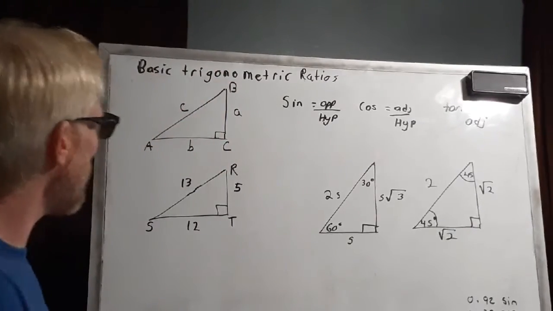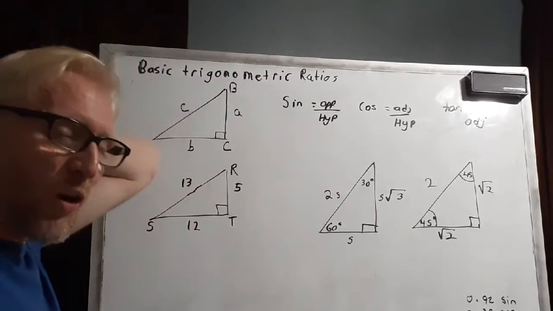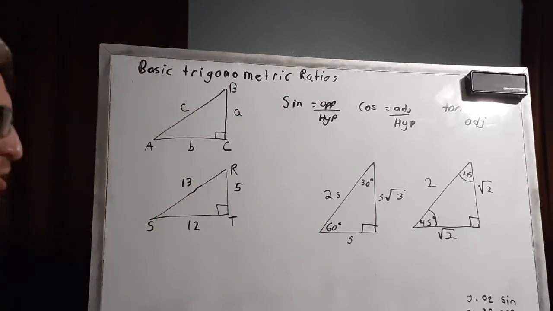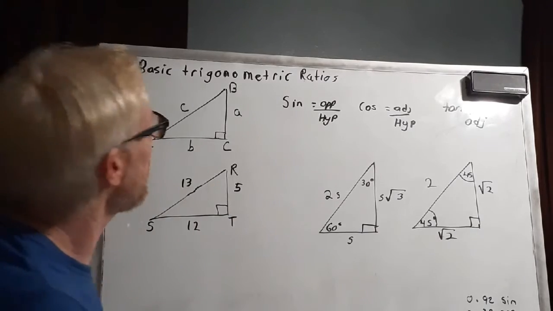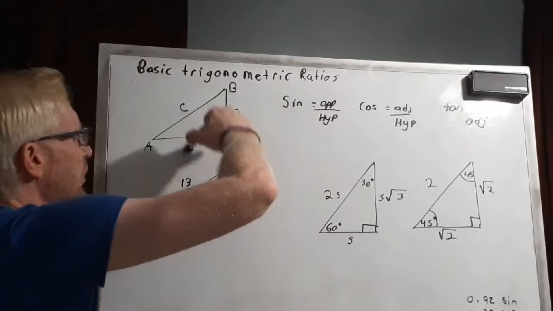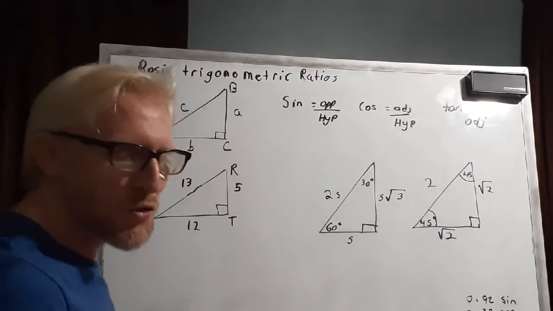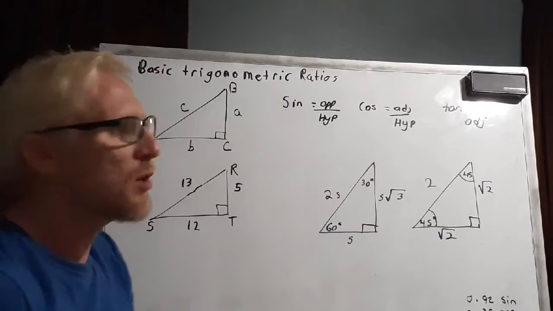So what we're going to do is define or explain what trigonometric ratios are. Remember from our previous video when we talked about the Pythagorean theorem, this was our short leg, our long leg, and our hypotenuse. And it's good for us to understand that because the sine, the cosine, and the tangent are the basis of trigonometry.